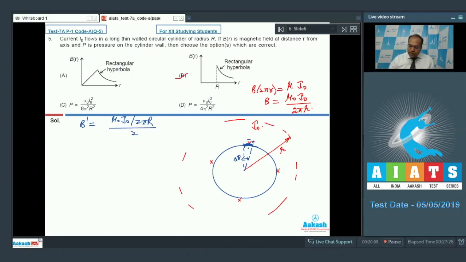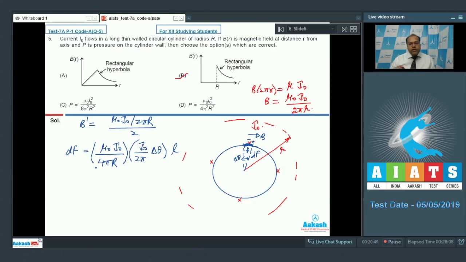Now the force experienced by this considered element will be in this direction, dF, as the magnetic field will be in this direction, B. The value of dF comes out to be BIL, where B is mu naught I naught divided by 4 pi R. The current possessed by this element is I naught divided by 2 pi into delta theta. Suppose the length of this element inside is L, so this is the force.